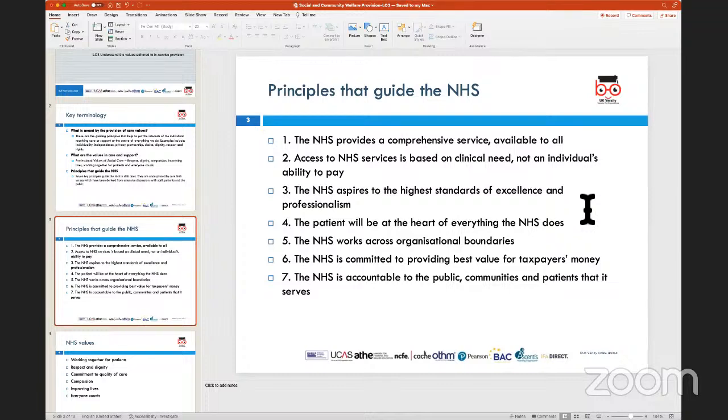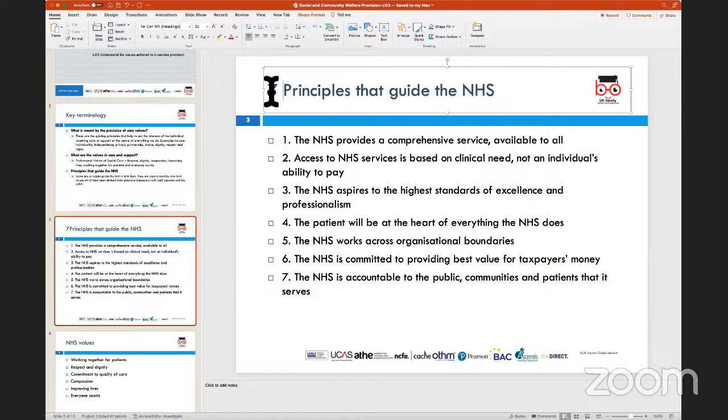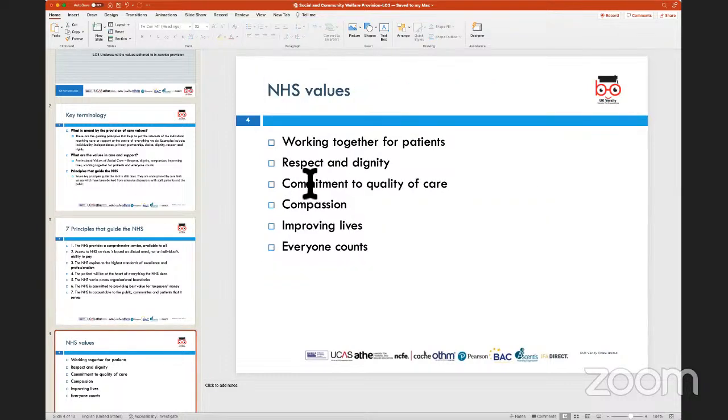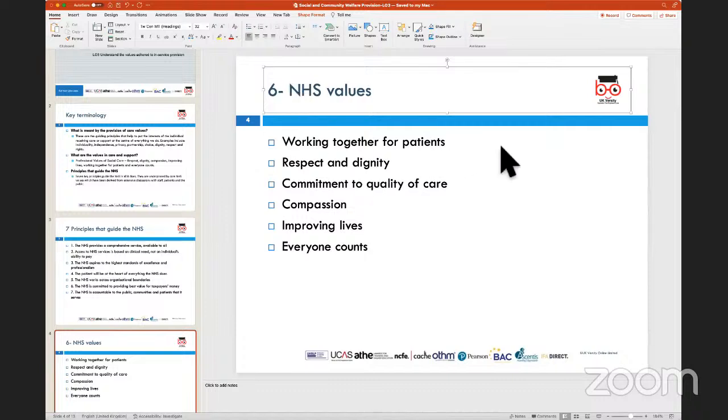So these are the 7 principles of the NHS, which are now enshrined in the NHS Constitution. These are things that you need to be aware of. And when we talk about the NHS values, these are the 6 NHS values in detail. There is an explanation that you can go through and read. You should know these by heart, because these are the guiding principles and values which the National Health Service works with.